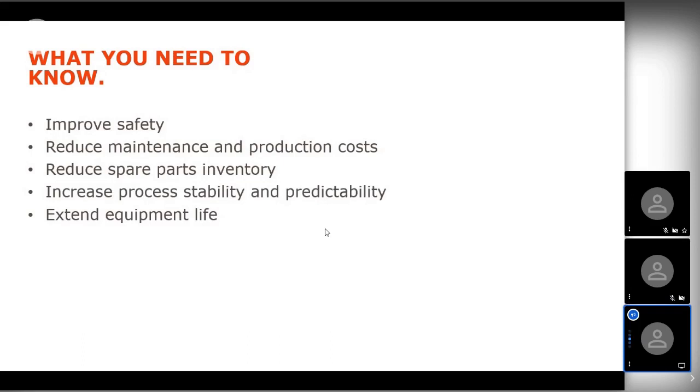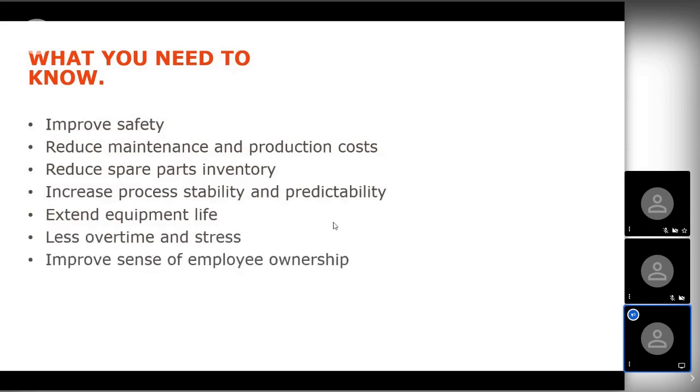If you want to become a more process stable business, more predictable, so you know what's coming, when it's coming, you want to make your assets last longer. Maybe you want to focus on the personnel, less overtime, less stress, increasing the feel of ownership and the involvement that the employees have. Or the ultimate aim of any business is obviously to increase profits.